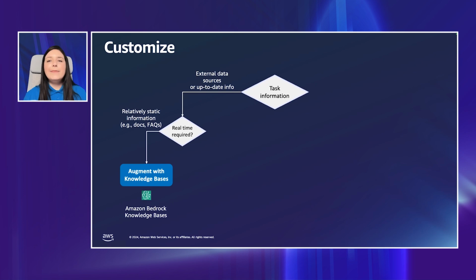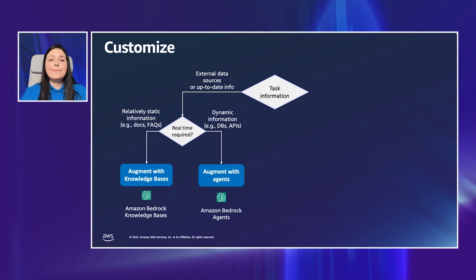Okay, but what if you have the need of more real-time data? So if you need dynamic information, really real-time data, something from a database, something a bit more structured, you can use agents to augment your foundation model and to perform tasks. So you can use agents, for instance, to query your database, get the sales from yesterday, get the forecast for next week, so that you can get all this information from a database and augment your prompts.